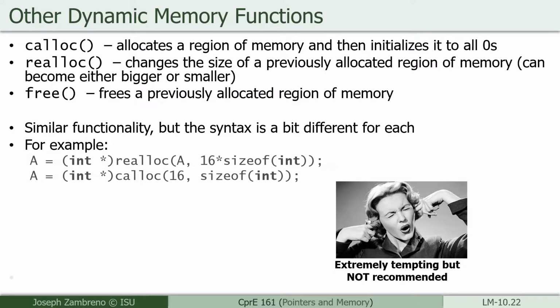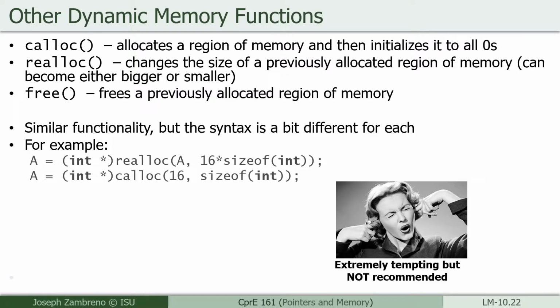So we have a pointer corresponding to a dynamically allocated region of memory. We would then call realloc to either make it larger or make it smaller. And then we saw free here. Free frees a previously allocated region of memory. So the functionality is actually quite similar to what we already saw with malloc, but the syntax is, I would argue, pretty annoying.